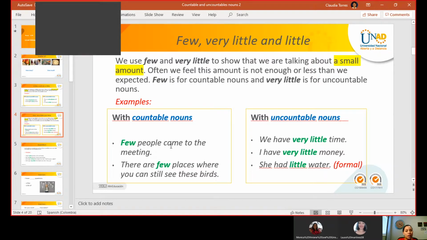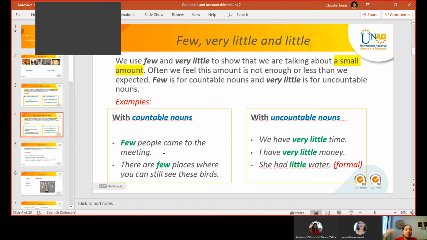Few people came to the meeting. Okay, so imagine a meeting and imagine that you were expecting 30 people to go to the meeting, but only 3 people went to the meeting. So you had few people, a small amount of people.